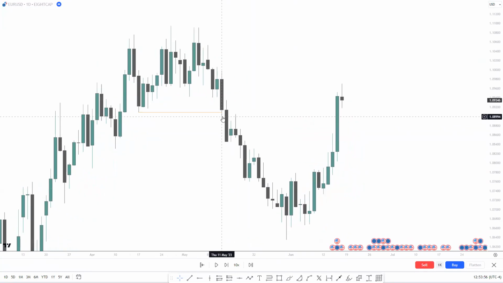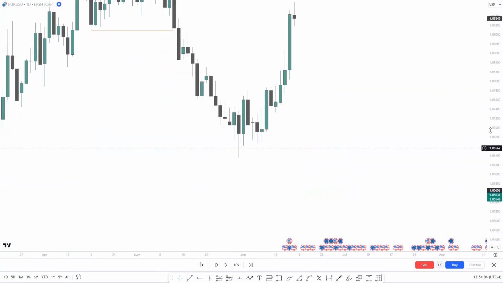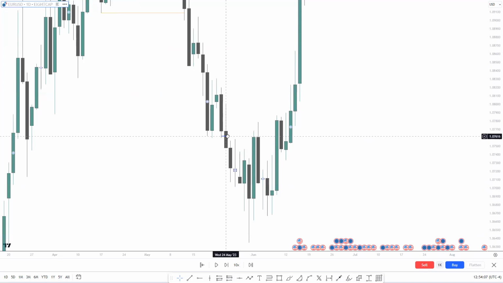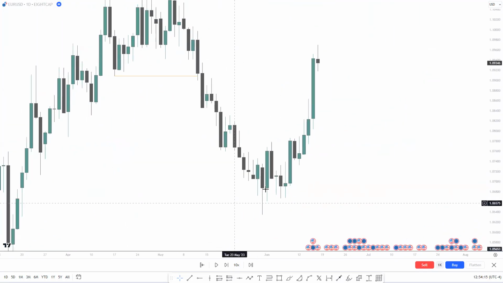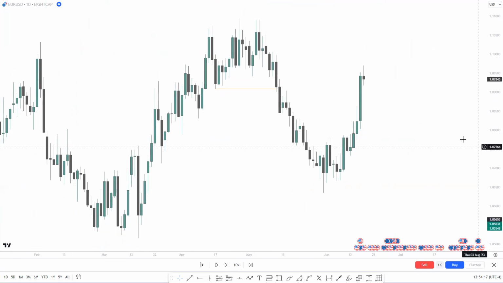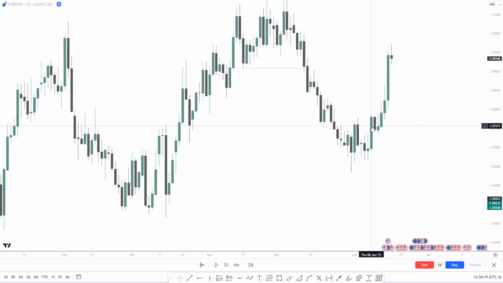So in this case, it gets into here, then goes back into the external right here and right here and right here. Then we have another fair value gap right here, which is also internal range liquidity. Price gets into it and then goes back into the external range liquidity, right? So this cycle just repeats and it happens on every single time frame.